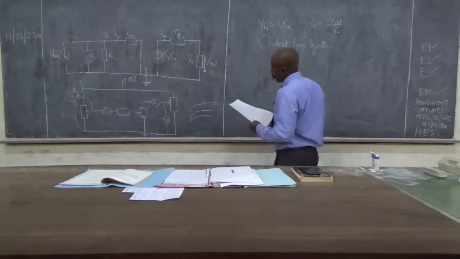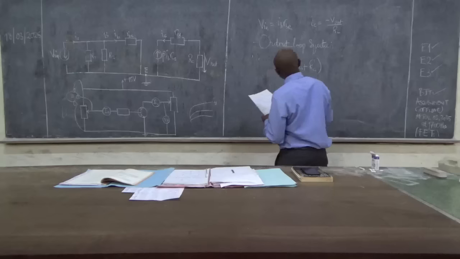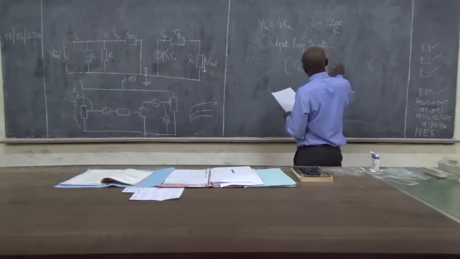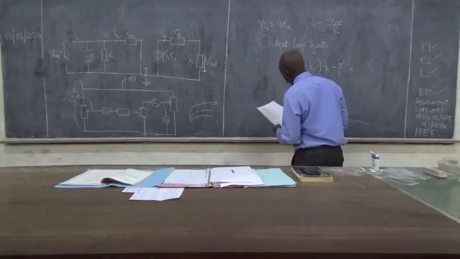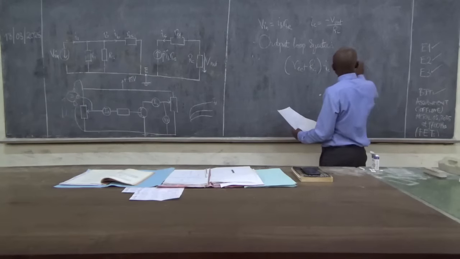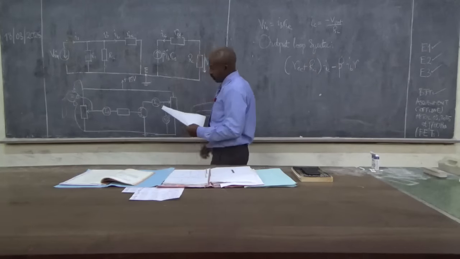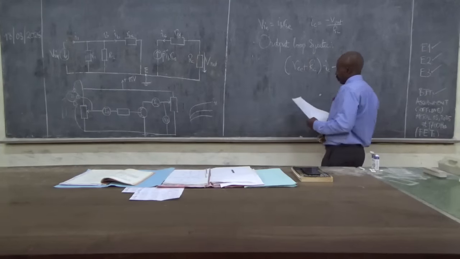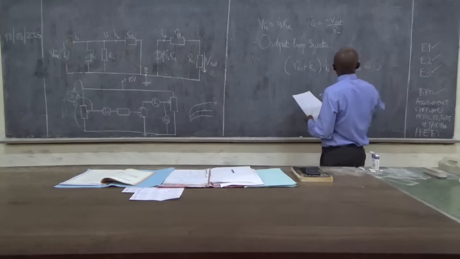The output loop equation would be RC plus RE into IC minus beta IB RE, IB RB, not RC, RB is equal to 0.